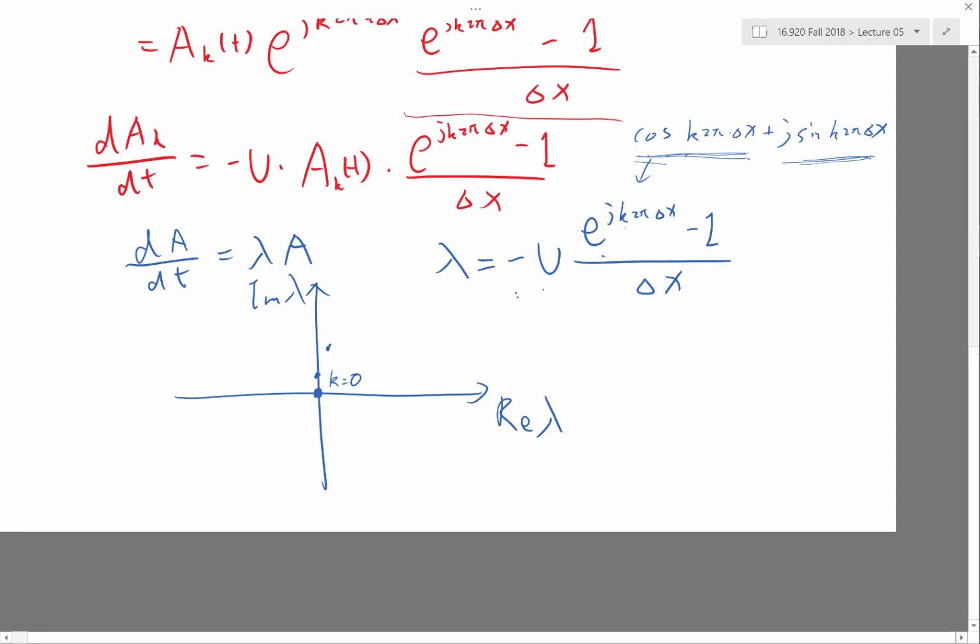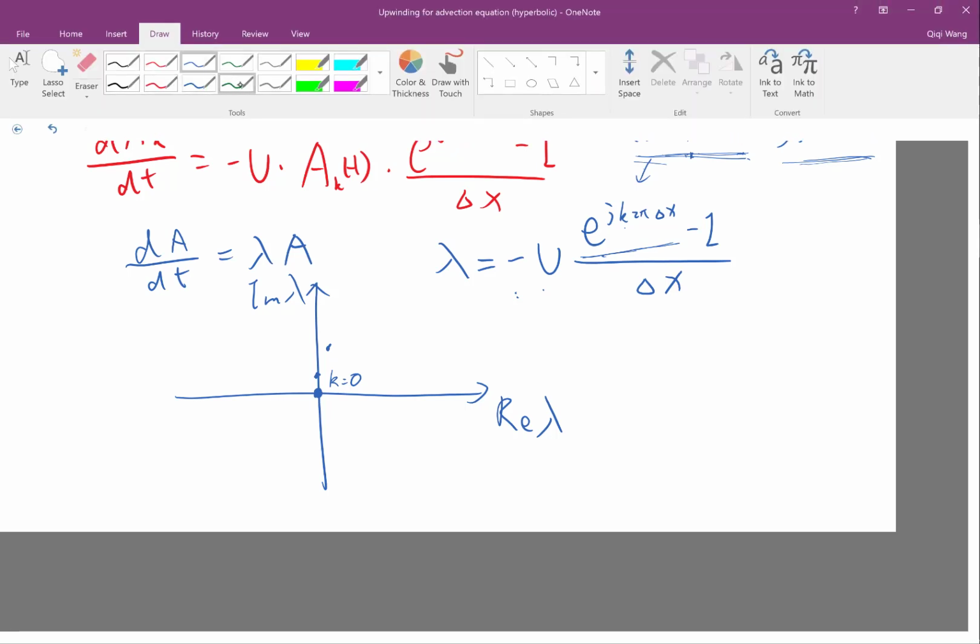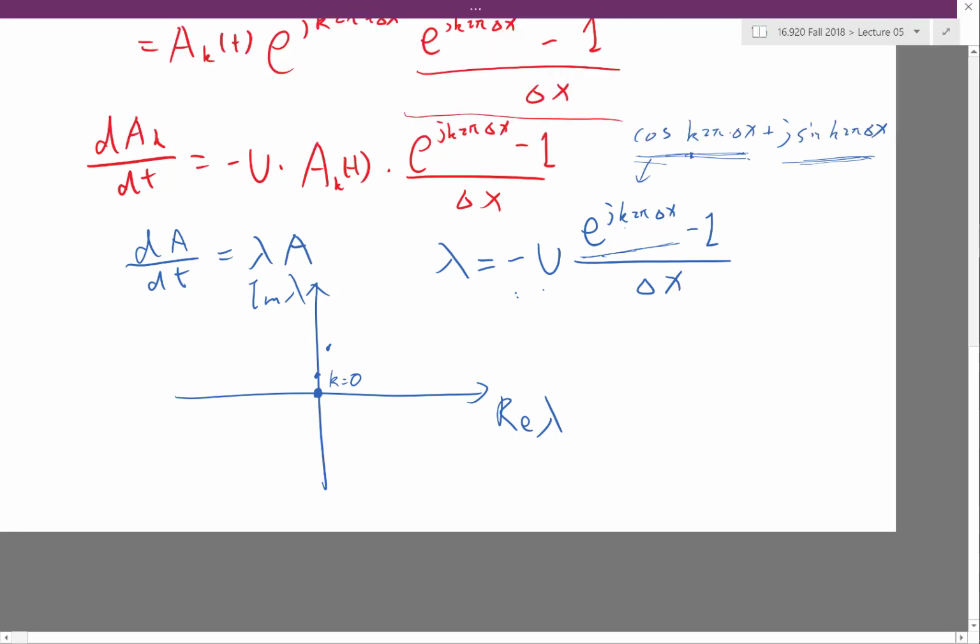And in particular, what's the worst case for k delta x? What is the most unstable k delta x? Yes, the most unstable k delta x is for this whole thing to be minus 1, right? If k delta x is equal to half, my lambda is going to be what?